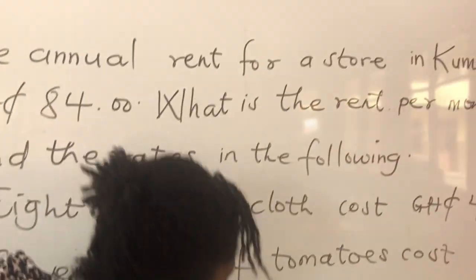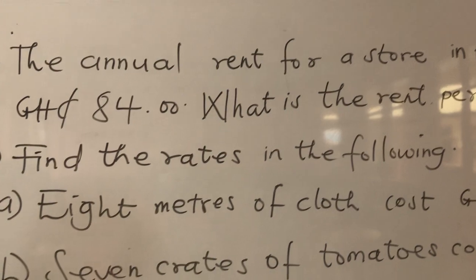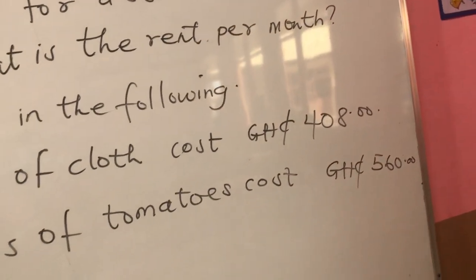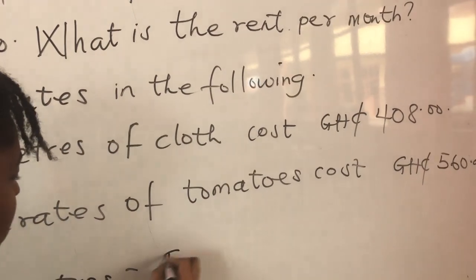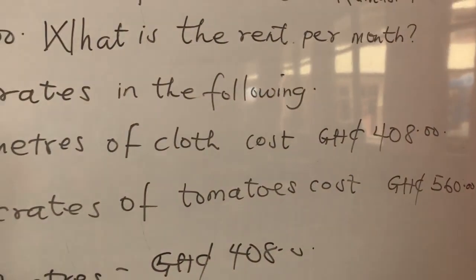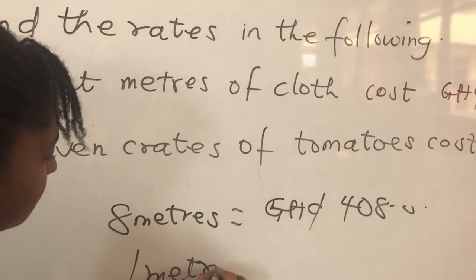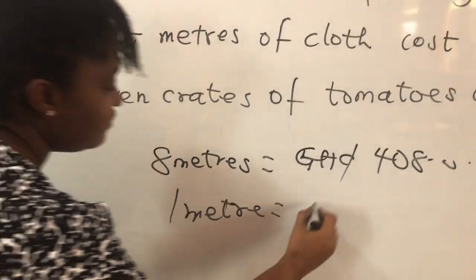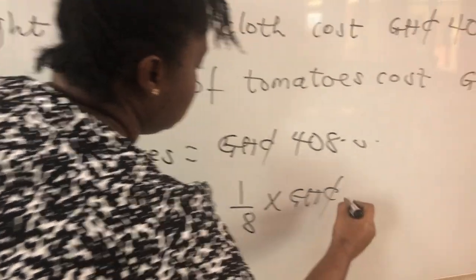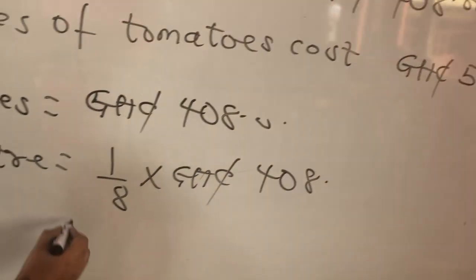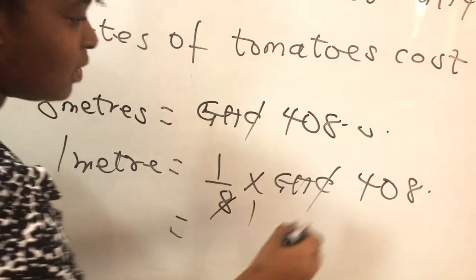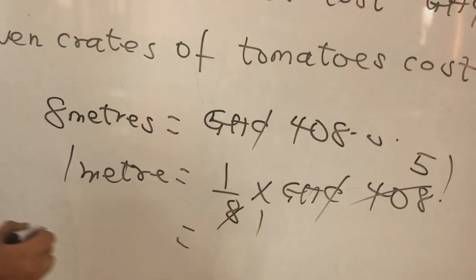So if more or less divide, you have if 8 meters is equal to your Ghana cedis, because it's money, it's equal to 408. You are finding 1 meter of cloth. If less, more will divide. So you have your 1 over 8 times your GHC 408. So what is our answer? 8 into 408 is 51 Ghana cedis.